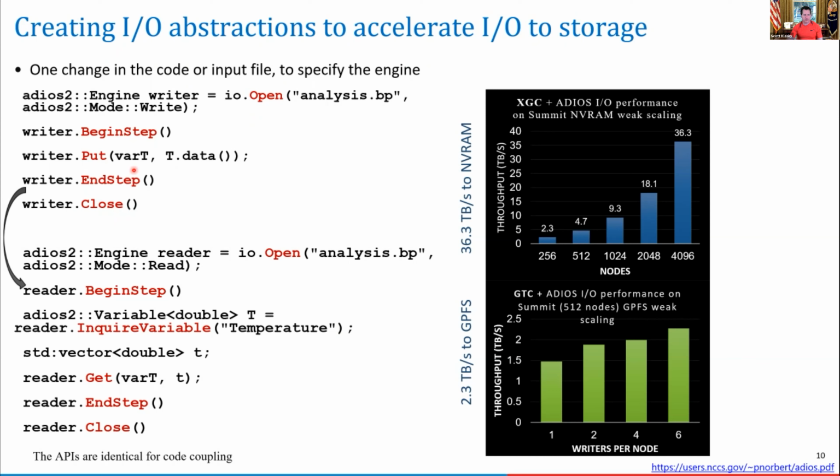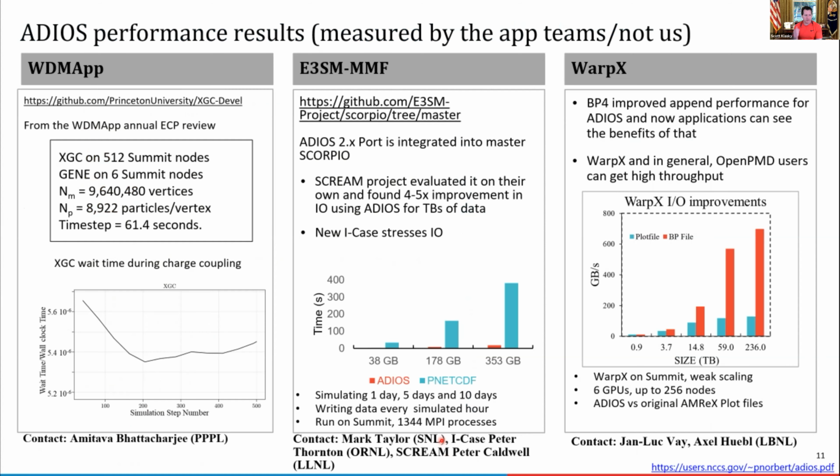And put is, think of it as for each variable. Similarly, for reading, instead of a put, there's a get. Also, there's inquiring the variable because it's self-describing data. If you can learn that, then you know the majority of the APIs you need in order to use ADIOS.